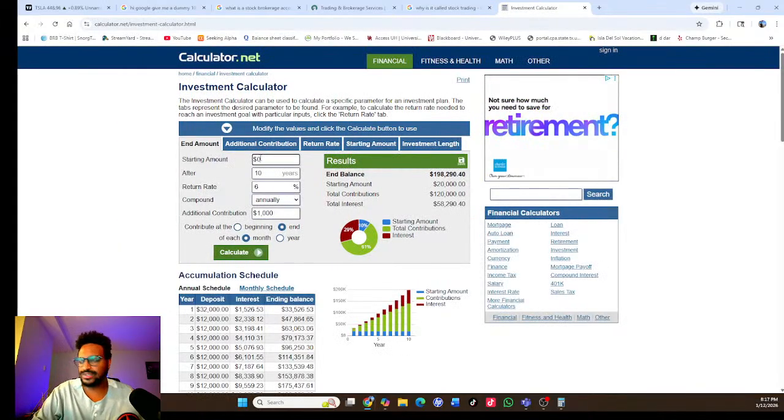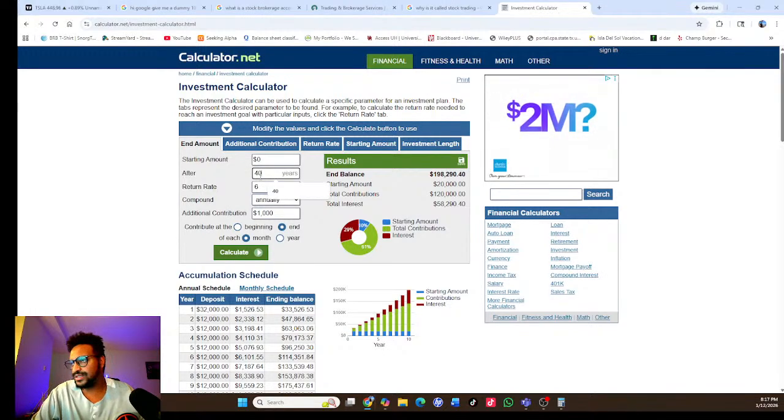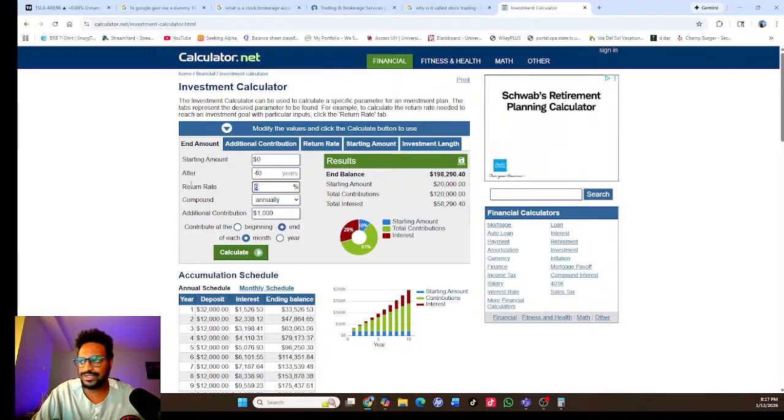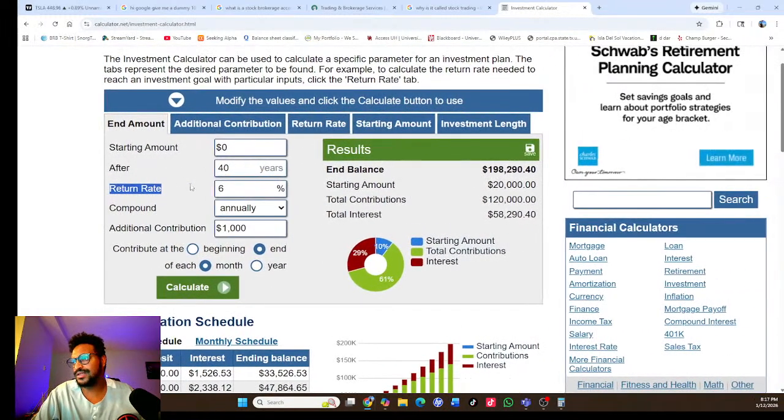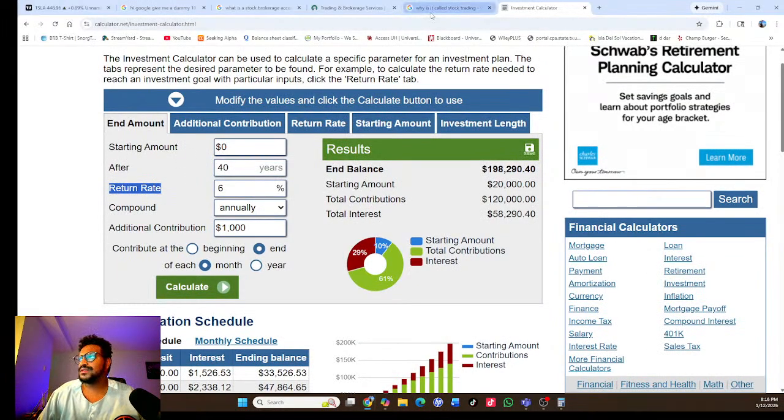Let's say you start with $0, and after 40 years, now this return rate, guys, is on average how much your investment will increase by every year. Historically, the stock market has done about 8% or so. So we'll do that 8%.